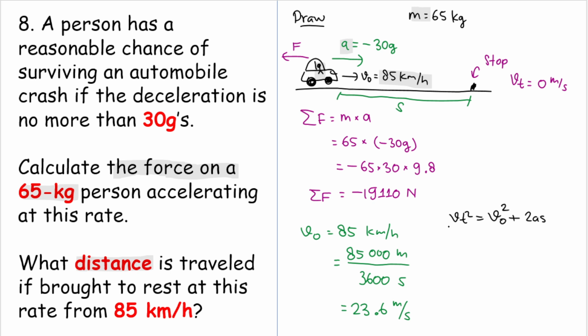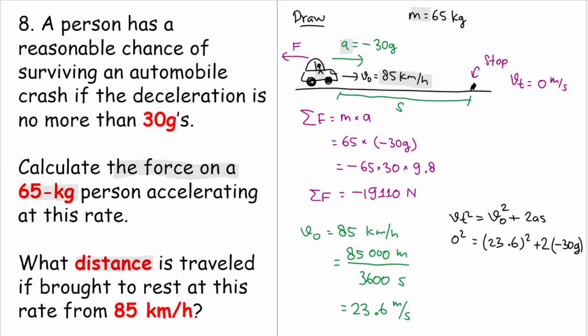So we will have 0 squared, and then what is V0? V0 is this one, so I will have 23.6 squared, and then plus 2a. Okay, we have 2, then multiplied by minus 30, and then g multiplied by s.